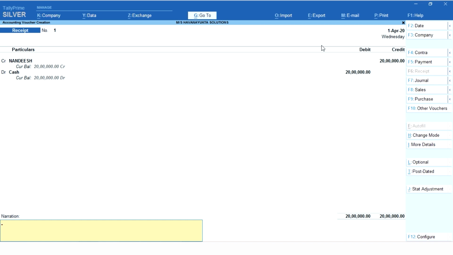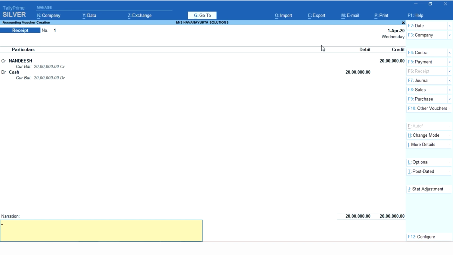Whenever you pass a transaction, you have to give a narration so that in the future you can easily identify why you have passed this transaction, what is the purpose of passing this transaction. If you leave it blank, for the time being you can understand this is the adjustment we have done, but after a few days or a few months, we'll be rethinking why we passed a transaction like this. To avoid such scenarios, we give a narration explaining why we have used this voucher.